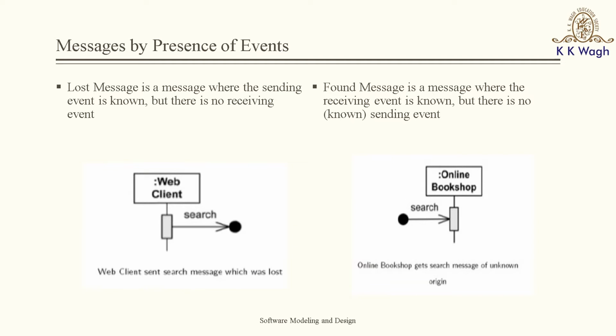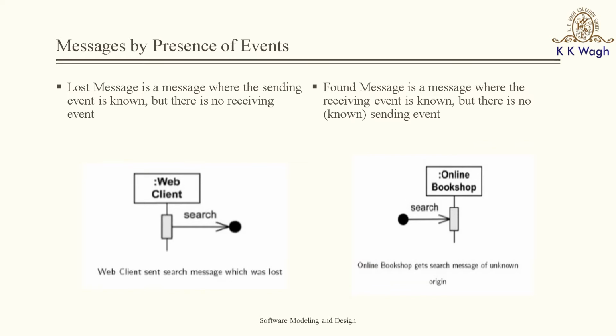And what is the found message? A found message is a message where the receiving event is known but there is no sending event. In this case, whatever you are searching is displayed on your web browser. This can be the example of a found message.